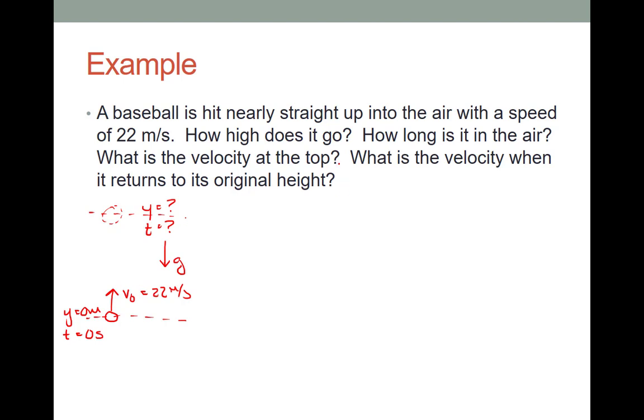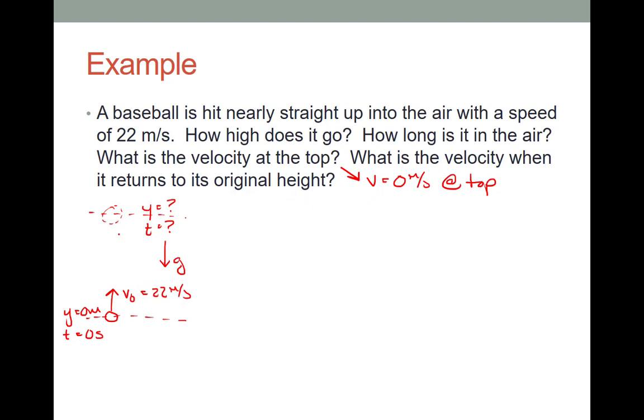The last two questions we can answer without doing any math. At the top of the motion, the ball has to stop. So v will equal 0 meters per second at the top. It stops only momentarily, but it does stop. What is the velocity when it returns to the original height?